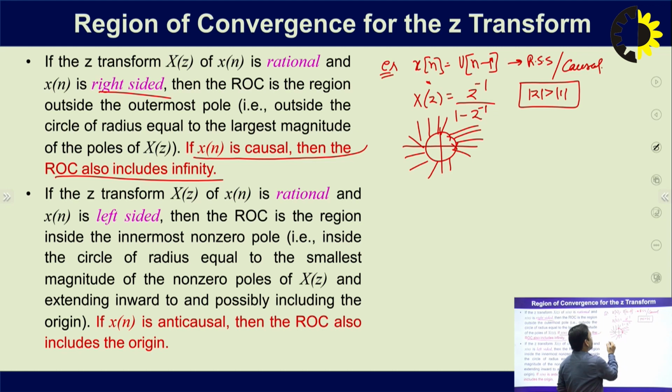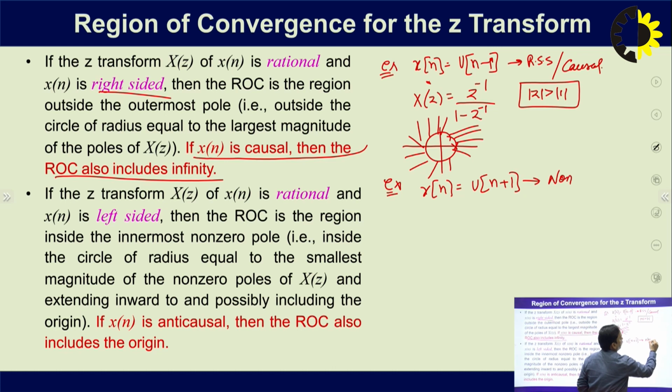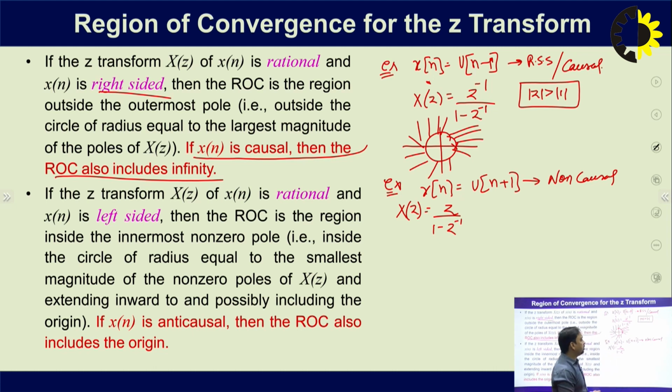But let's say we assume x[n] equal to u[n plus 1]. Clearly this is non-causal. We are also able to calculate the transform, which is X(z) equal to z divided by 1 minus z inverse. So the ROC will again be mod z greater than mod of 1.